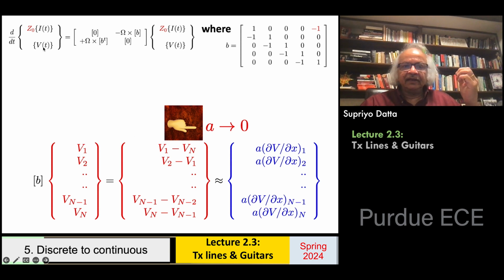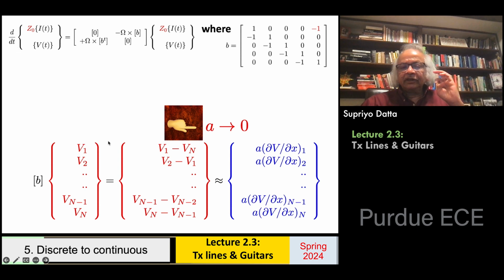Because previously, V was just a function of time. No x was involved. I mean, sure, we had n of them. We had V1, V2, V3 telling us the voltages at different nodes. But each one of them was just a function of time. And so we had an ordinary derivative here, not a partial derivative, because the only independent variable was time.